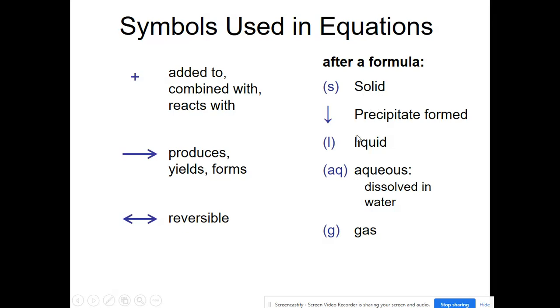So S for solid, L for liquid. Something dissolved in water will be represented by AQ, and then G for gas. Sometimes you will also see a down arrow, which just means that you have a solid or a precipitate being formed in your reaction. You probably won't be using that in here, but you may see this online if you're looking at reactions.